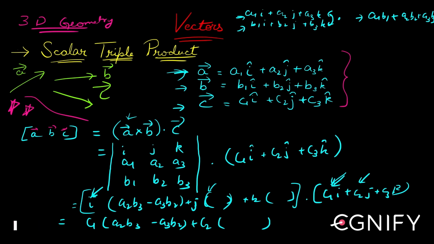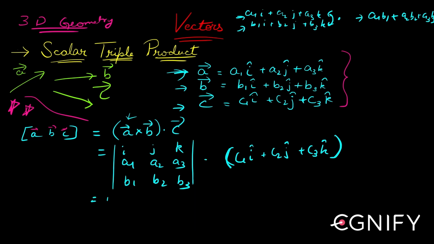So ultimately what I'm trying to say is, when you take the dot product of this entire determinant with this, I can actually dot this part with the first row. And the result that I'll be getting is the same. This is the reason why I was opening this up and showing it to you. Let me actually make some space and show you what the final result will be. So ultimately your A1, A2, A3 and B1, B2, B3 will remain as it is, but this vector part will get dotted with this.